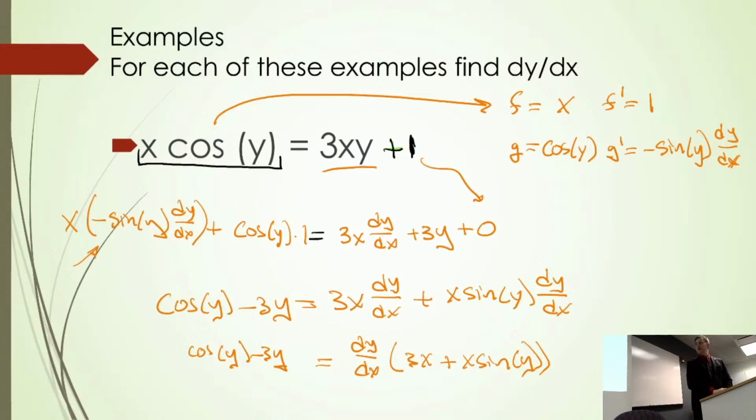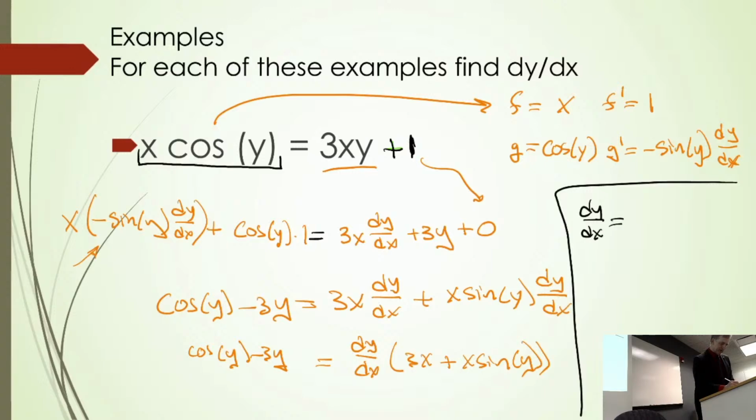I'll do it up here, in black, in a box. dy over dx is going to be this fraction: cosine of y minus 3y, divided by 3x plus x sine of y. Beautiful.